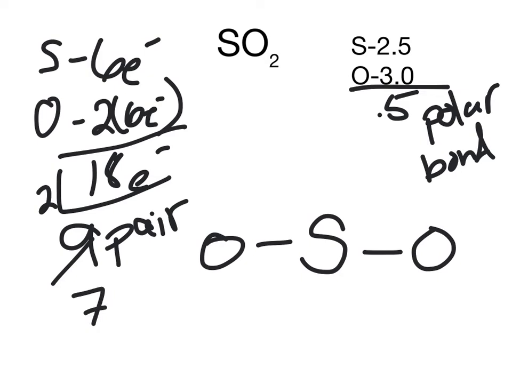From here, I'm going to put my lone pairs. So I'm going to start with my central atom, and there are my electrons for that central atom. So instead of 7, I'm down to 5. So then I'm going to put 1, 2, 3, 4, 5.